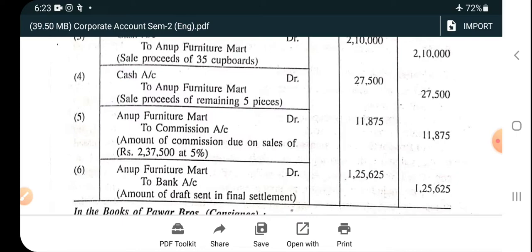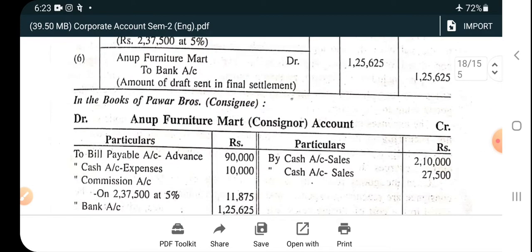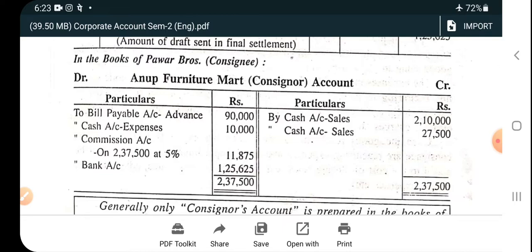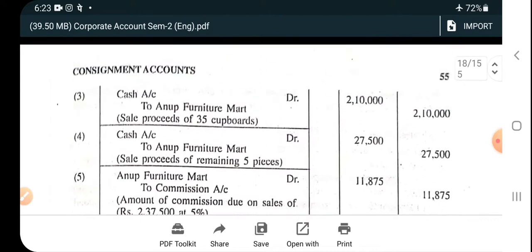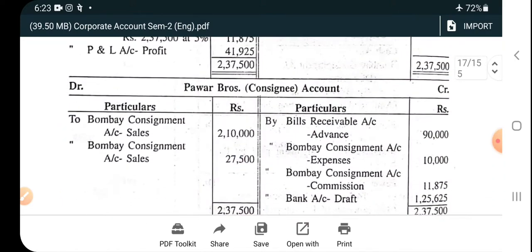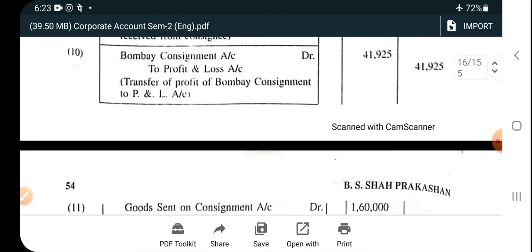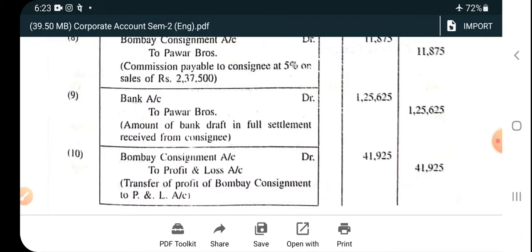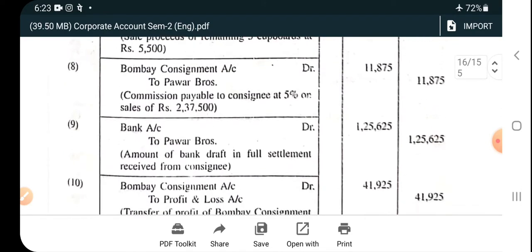So consignor account debit to cash and bank account, it means to commission account. So in the consignor's account debit side to commission account, or we can write to cash and bank account, in the bracket we can write the commission amount is 11,875.